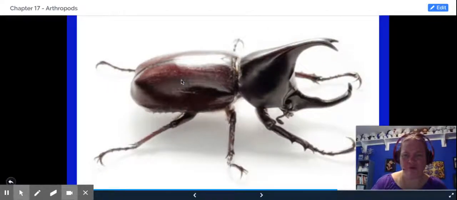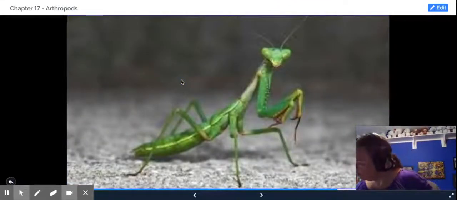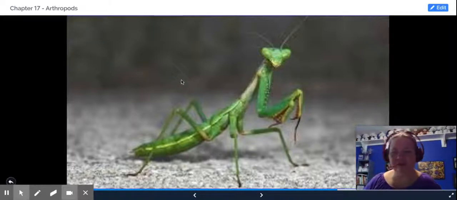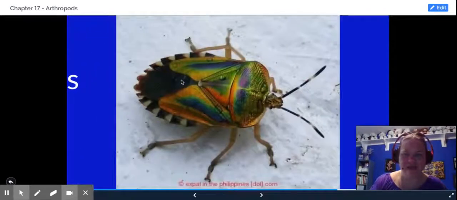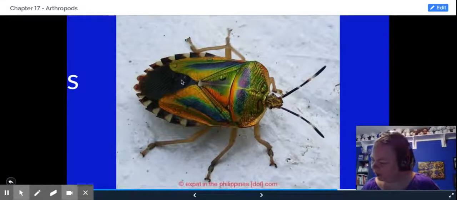And then you have your Coleoptera order. These are your beetles. And these guys are, I believe, in the order Orthoptera. These are your mantises, grasshoppers, crickets, and cockroaches are also in this. And this order of insects is called Hemiptera, okay?